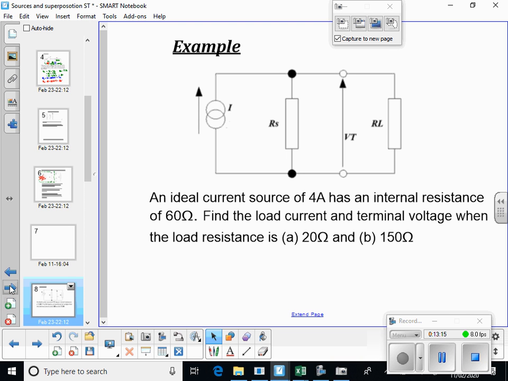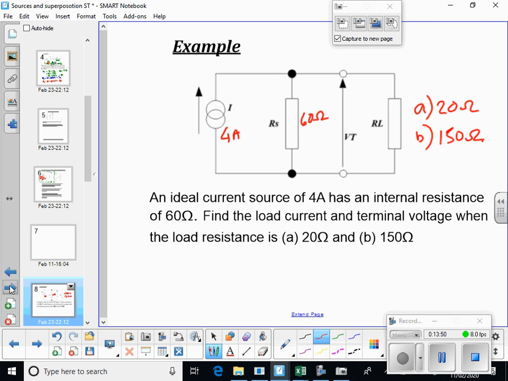So, an example: an ideal current source of 4 amps, internal resistance 60 ohms, and find the terminal voltage where the load resistance is 20 ohms, and then 150 ohms. We're going to find Vt.